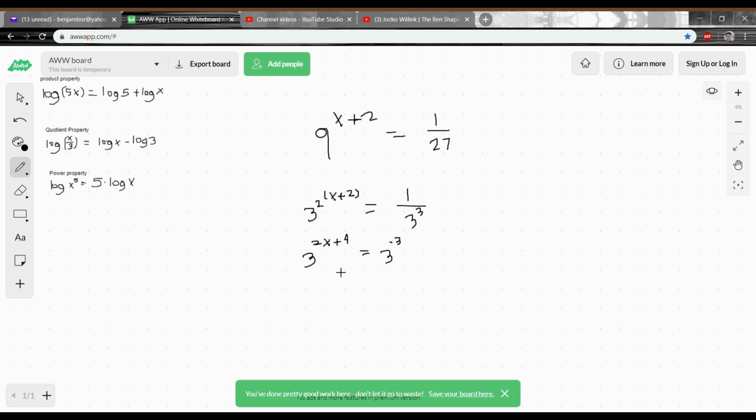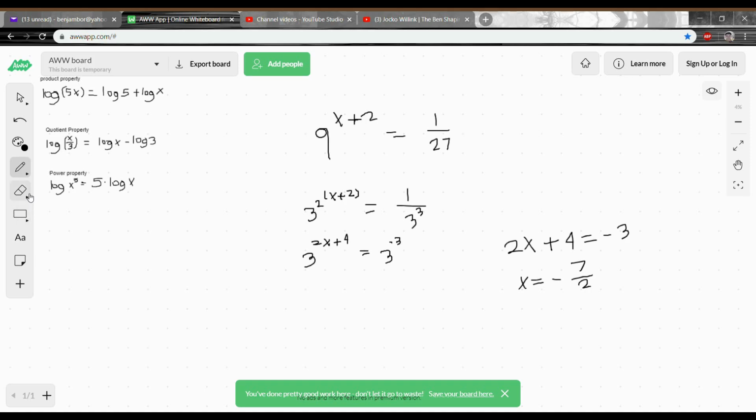And now we have common bases that we can set equal to each other. So we can say that 2x plus 4 is going to equal negative 3. If we subtract 4 from both sides, that's going to be 2x is equal to negative 7. Dividing by 2, x is going to equal negative 7 over 2.